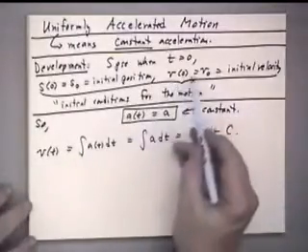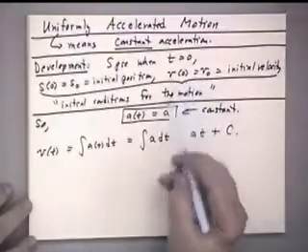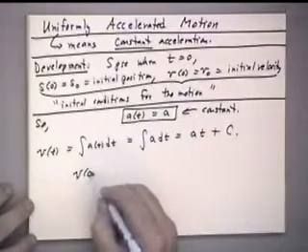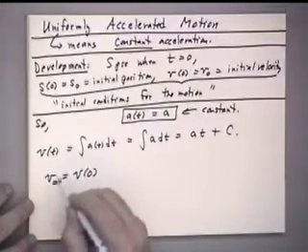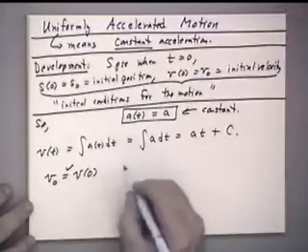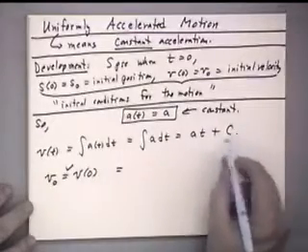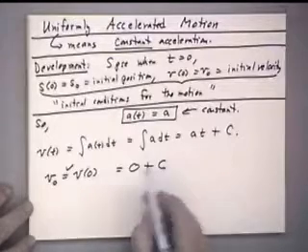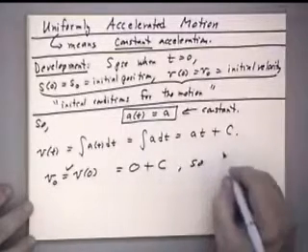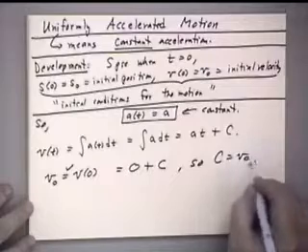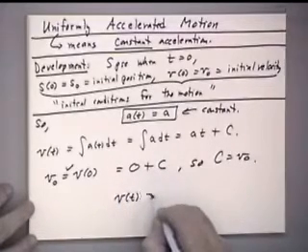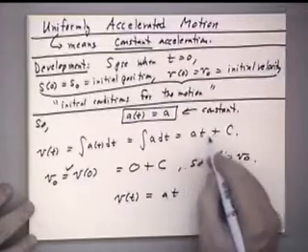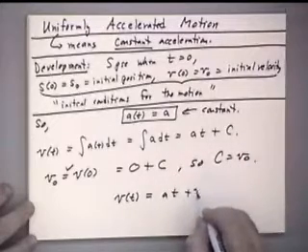Now, I have an initial value for the velocity as 0, which means that v of 0 is, by given information, v naught. On the other hand, it has to fulfill this, so when I put 0 in for t, I get 0 plus c. So c must equal v naught. Therefore, we now have the velocity function as at plus c, which is v naught.